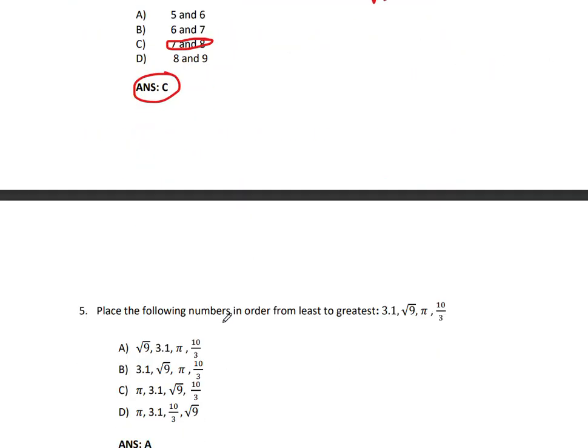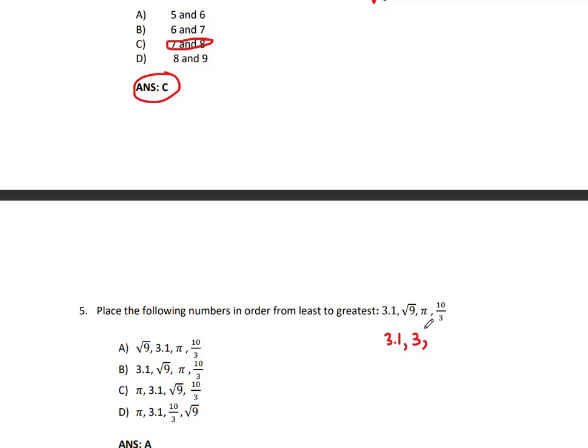Now, our next question is, place the following numbers in order from least to greatest, from the lowest to the highest. First of all, we need to know precisely what each of these numbers is. So, we have 3.1. I'm going to rewrite these. 3.1, we know what that is. That's a precise value. The square root of 9 is 3. 3 multiplied by itself gives us 9, so the square root of 9 is 3.